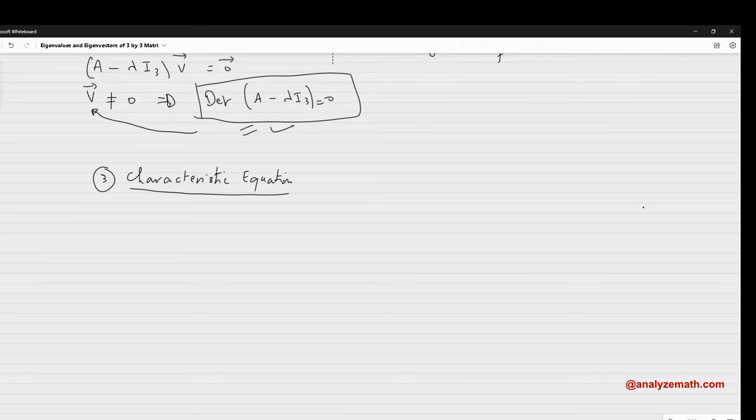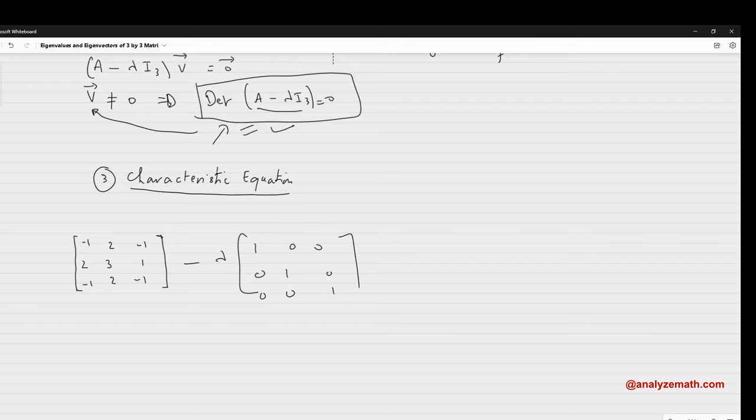Now, in objective number 3, we are going to determine what we call the characteristic equation, starting from the determinant of this matrix here. So, matrix A minus lambda I3, which is 1 0 0, 0 1 0, and then 0 0 1.